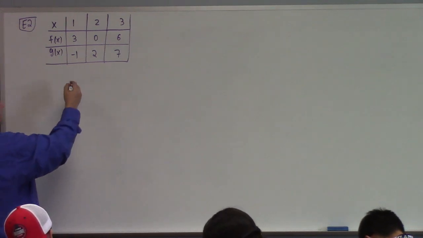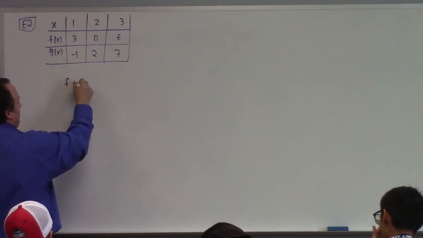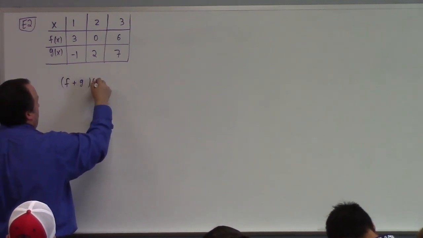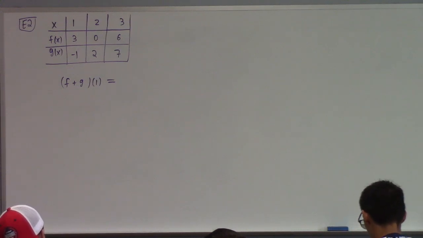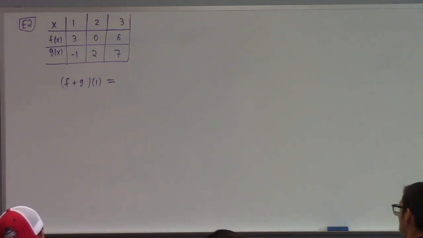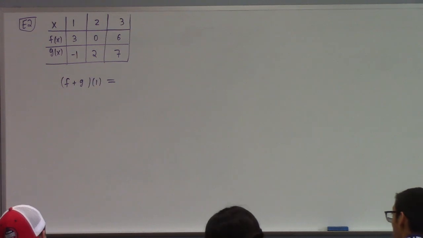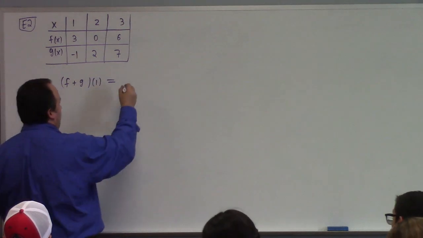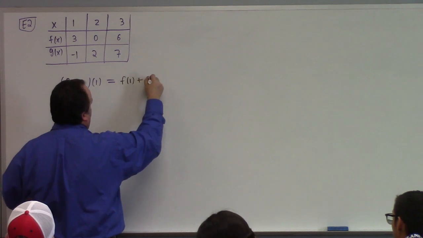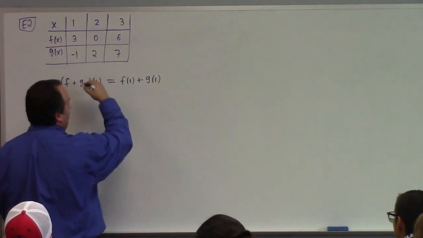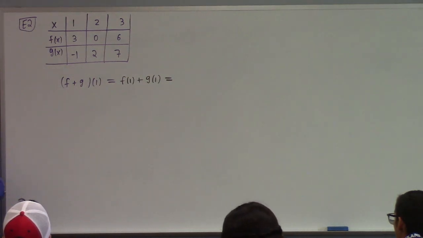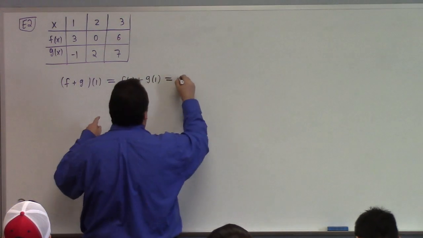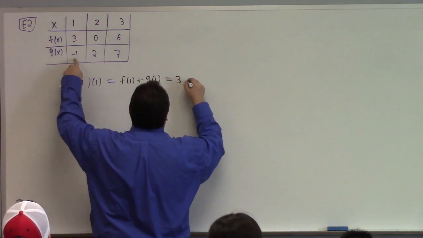So, what is f plus g of 1 equal to here? Let's just try some out. Well, you guys know the definition. It's f of 1 plus g of 1, right? But what is f of 1 and g of 1 from the table? f of 1 is 3, g of 1 is -1.